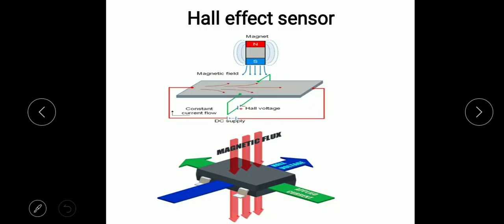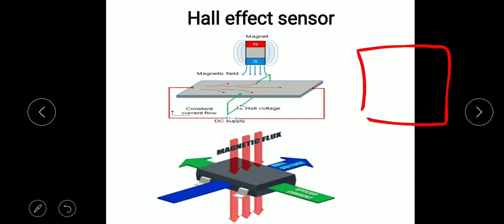Hence, the electrons will move to one side of the plate and the positive pole to the other side of the plate, creating a potential difference between the two sides of the plate. We can draw a figure here. The conductor current is produced here.